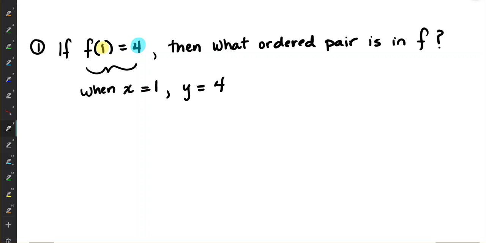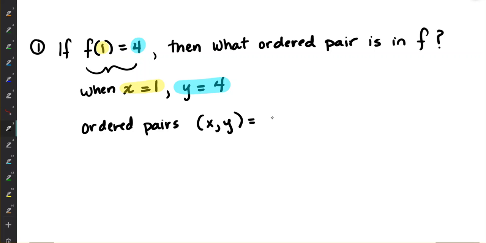It's showing me that the x value of 1 is mapped to the y value of 4. So my ordered pair, remember all ordered pairs are x comma y's, the x value is 1 and the y value is 4.